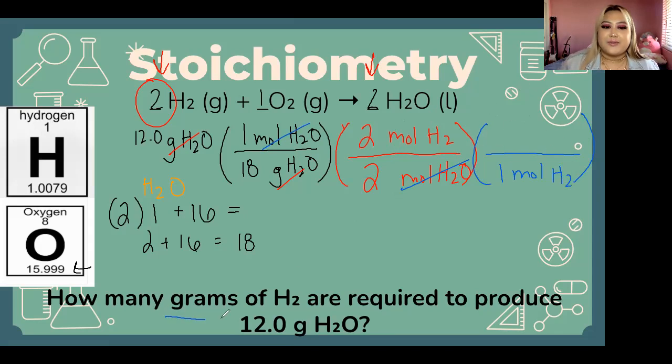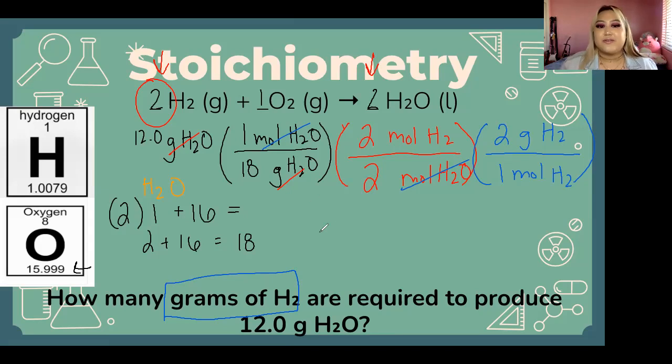How many would that get us to grams? 2 grams of H2 on top. We want the molar mass, right? So we wouldn't use Avogadro's number unless it's asking for the number of H2 atoms, molecules, particles, or formula units.